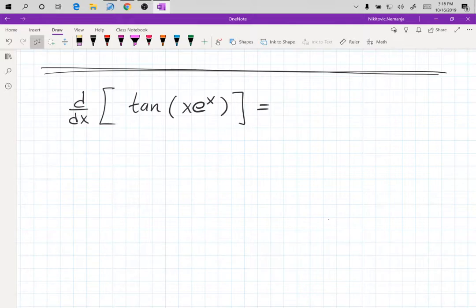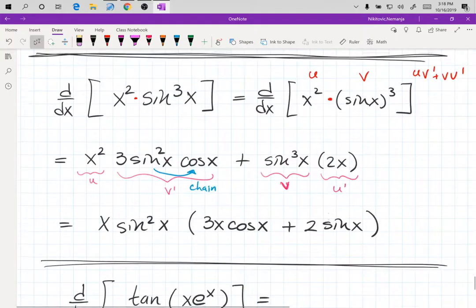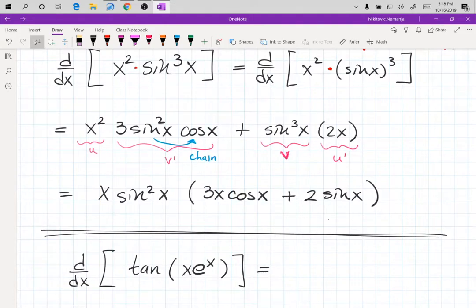So the difference between the two problems: the top problem has the product rule as the main rule and chain was buried inside. The one on the bottom has the chain rule as the main derivative rule and product is buried inside. So these two problems have the same rules but in the opposite order.